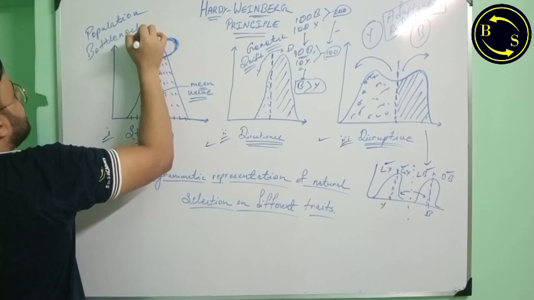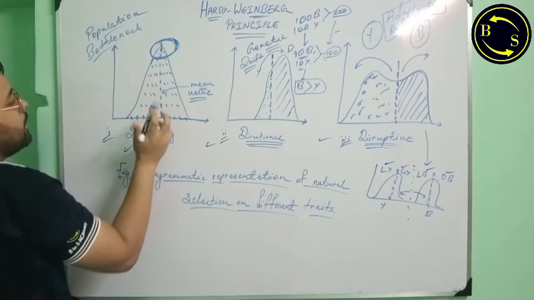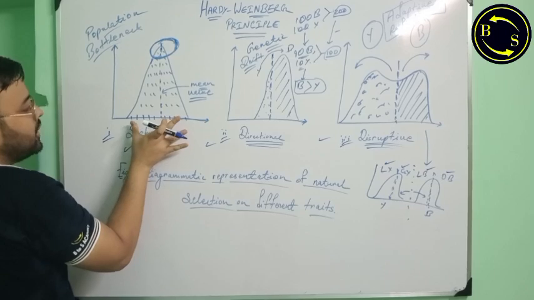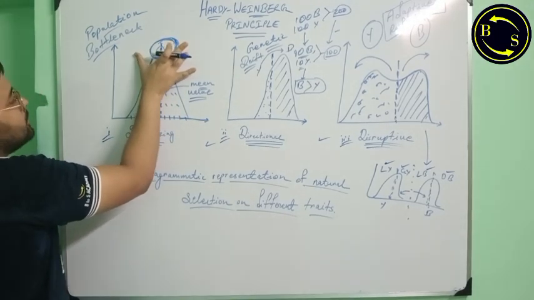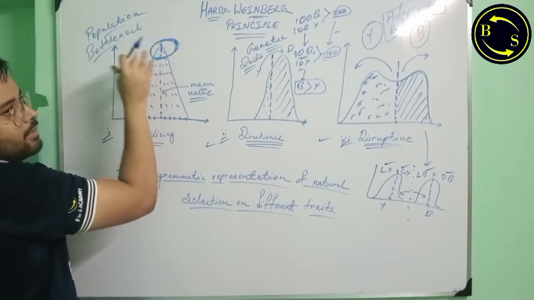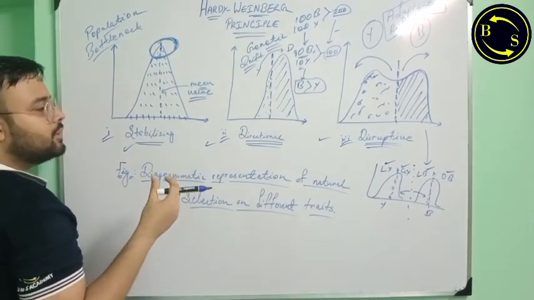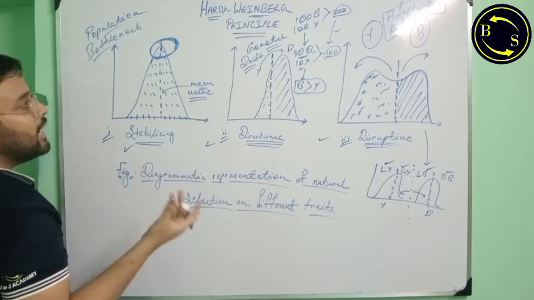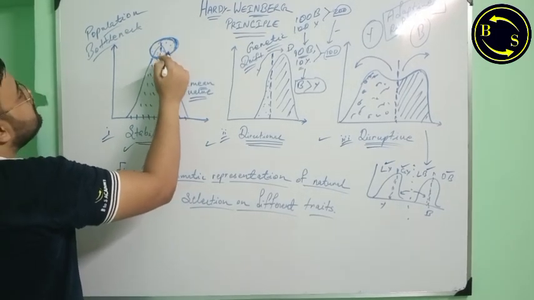Because we are seeing that the population is getting narrower and narrower. Just like the neck of a bottle, the population is getting narrower and narrower with a few select traits, with a few individuals with the selected or desired variations which are very close to the mean value.